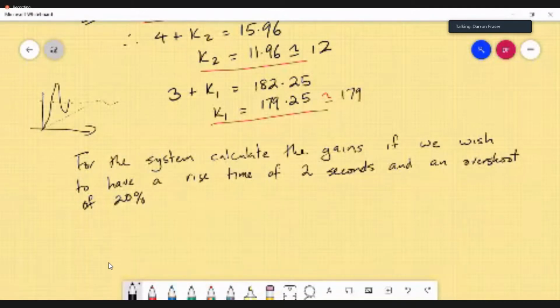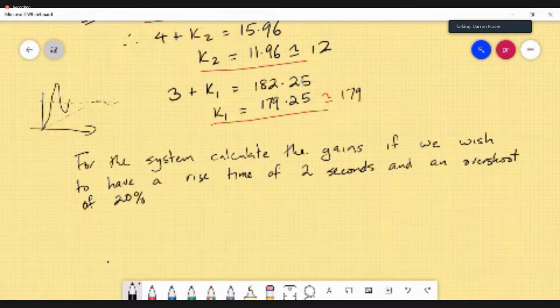So whenever we start talking about controlling parameters, we also have to be realistic, and some of them we might not be able to achieve.